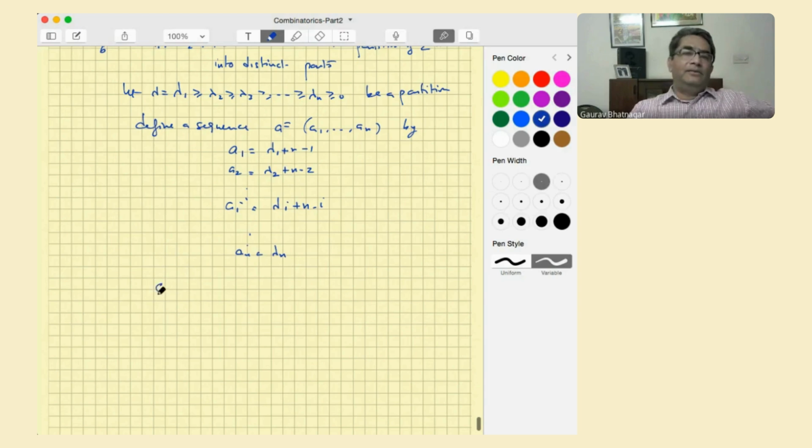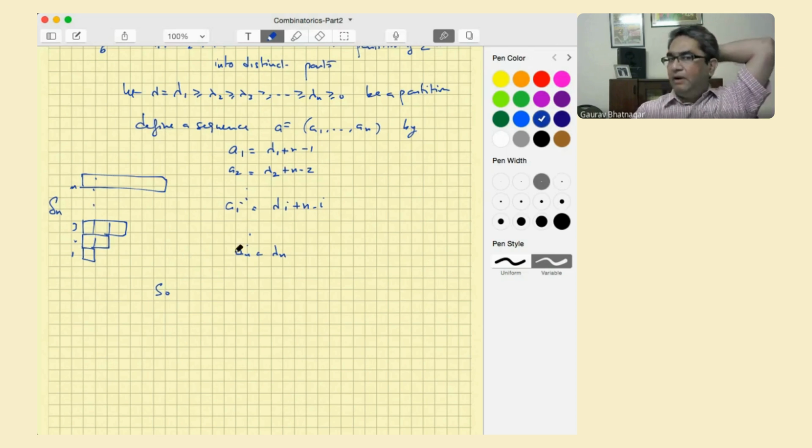Then what we are doing is getting a distinct thing, because what we are adding is basically 1 plus 2 plus 3, and so on. So this is called the delta, 1, 2, 3 up till n. This one is the prototypical, the smallest distinct parts, and we are attaching lambda to that. So whatever lambda was, we attach that. Even if some of them were zero, this has got exactly n parts. Okay, and they're all distinct.